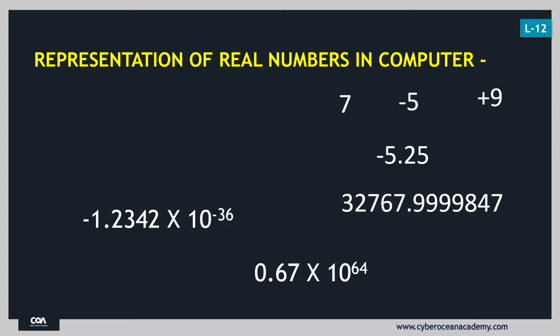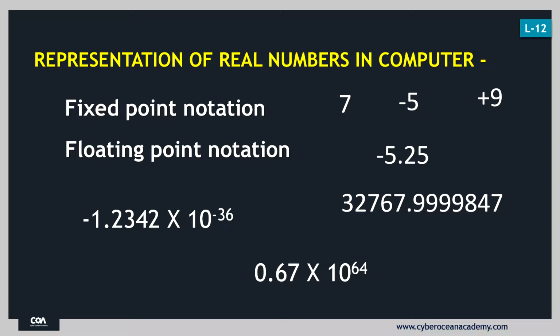We have two approaches to represent this kind of number. The first one is fixed point notation, and the other one is floating point notation. In fixed point notation we have a fixed number of digits after the decimal part, and in floating point notation we have a varying number of digits after the decimal part.